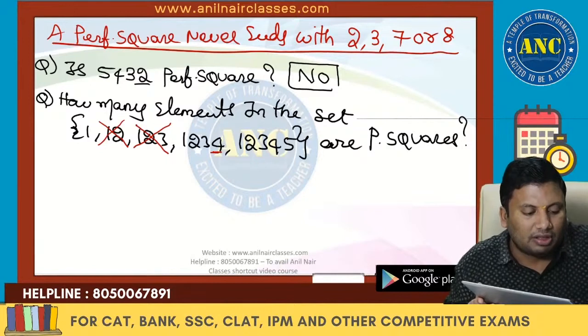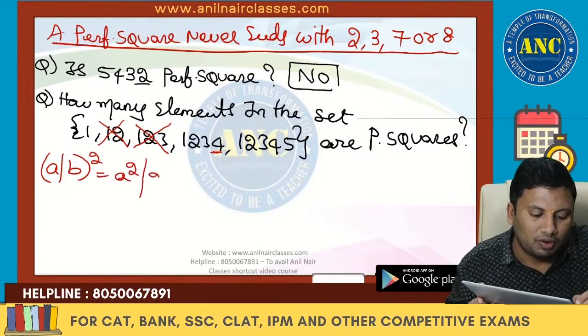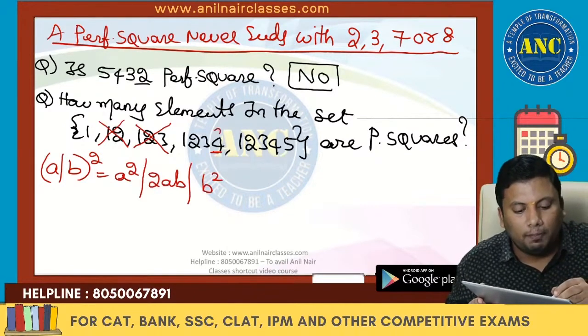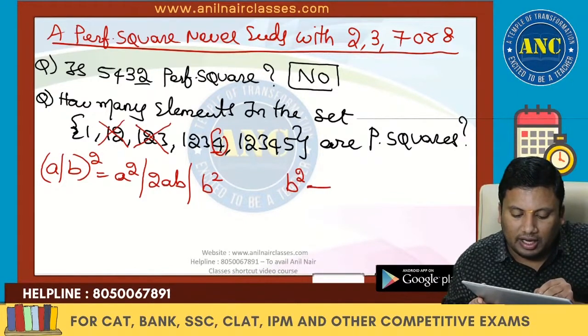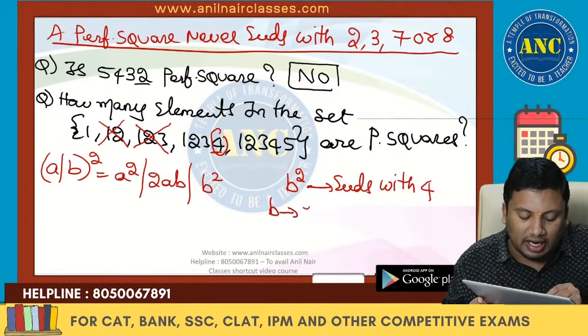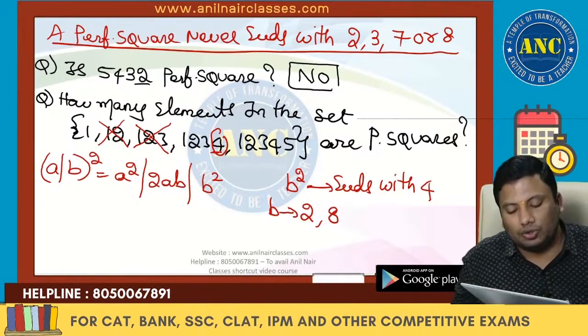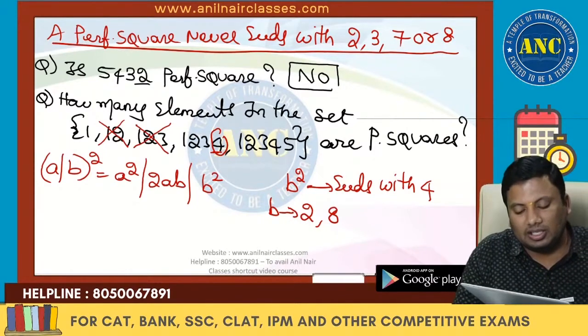These are ending with 4. We know that to find the square of a number, we will use the logic (a plus b) whole square, a square plus 2ab plus b square. B square is ending with 4. If b square is ending with 4, b can be either 2 or its tens complement, 10 minus 2 is 8. 2 square is 4 or 8 square is 64.